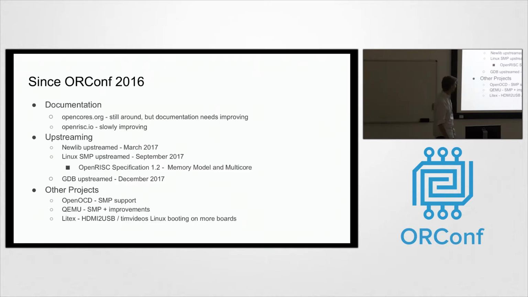I'll do it later. But QEMU, I added SMP support in QEMU, and I would say now that if you want to do any OpenRISC development, use QEMU. Don't use OR1KSIM. QEMU is a very nice code base, and it is well supported, and it works very well. Has good tracing capabilities and debug and everything.